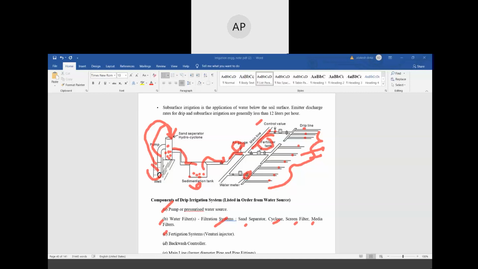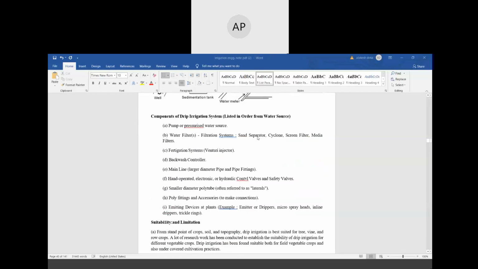Next is the backwash controller, main line, hand operated, electronic or hydraulic valves, safety valves, small diameter polytubes, polyfittings, accessories.